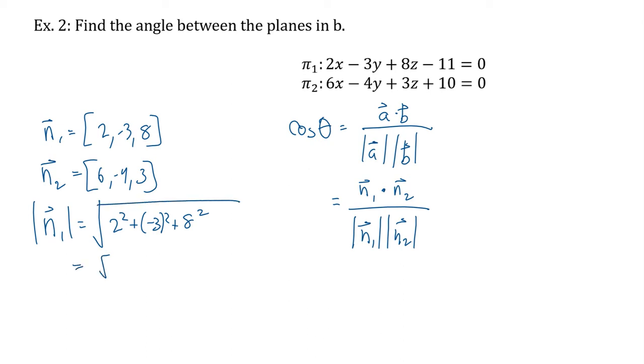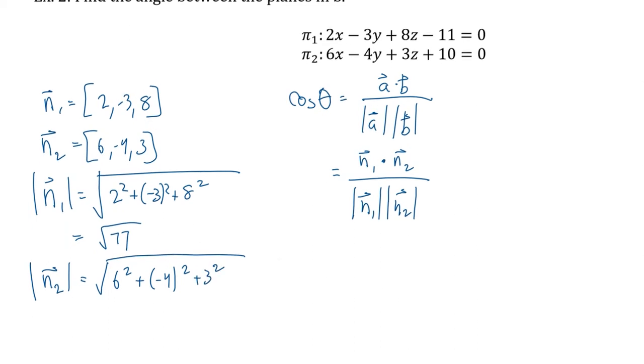So that works out to root 77. If you're not following this at all, you've got to go back to Unit 7 and look at these equations. This is all straight out of Unit 7.